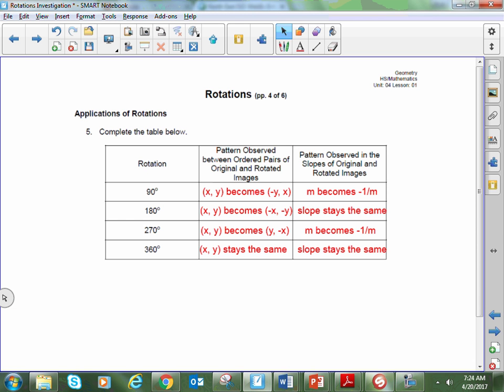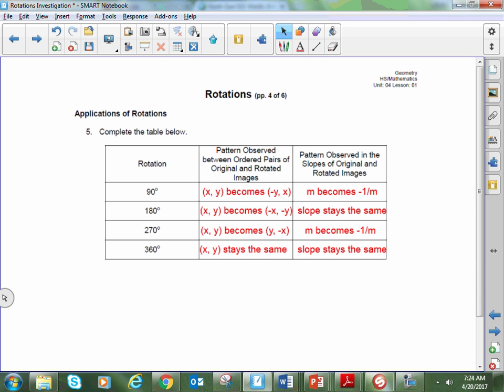For 180 degrees, X and Y stay the same, but we take the opposite values of them. At 270 degrees, the X and Y values also transpose, meaning that X and Y trade places, but the sign of the X coordinate changes. And at 360 degrees, everything stays the same.